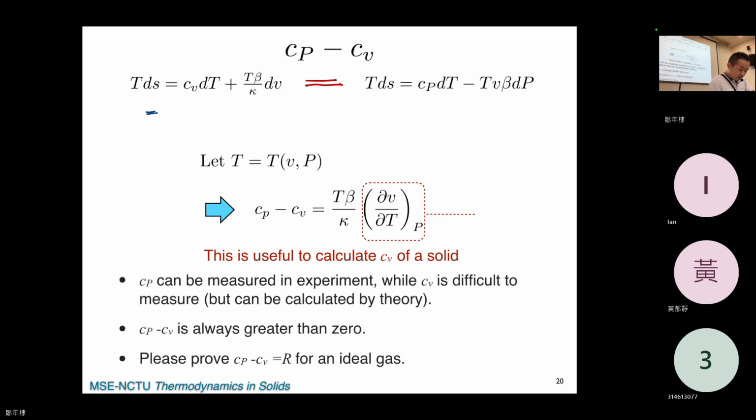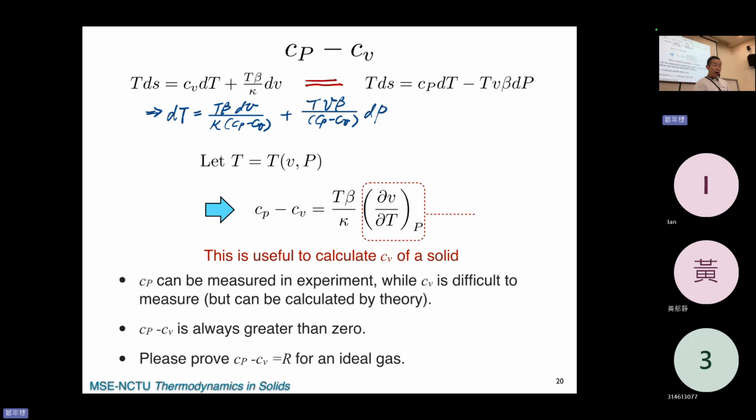So dT equals T beta dV divided by kappa (CP minus CV), plus dP times beta over (CP minus CV).